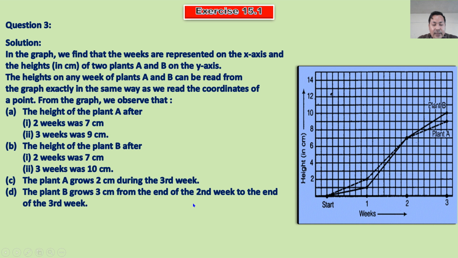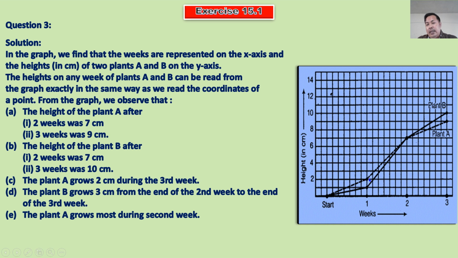Okay. Then the next answer, E: plant A grows most during the second week. Let us see where that is. Yes, you can see that over the first week, the height in the graph goes up tremendously, a very great or sudden growth.